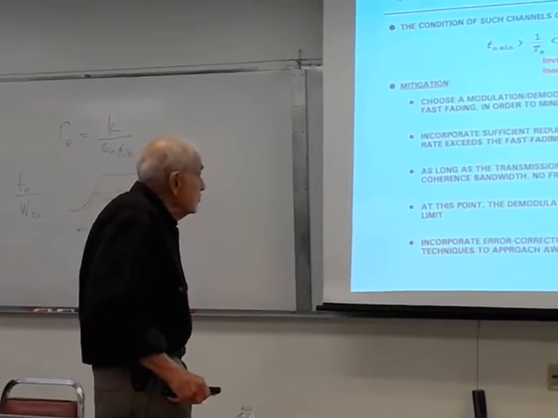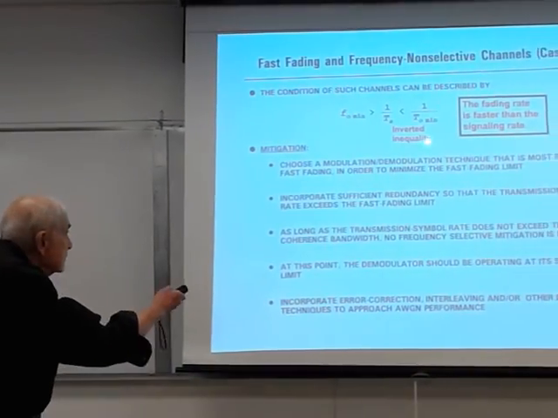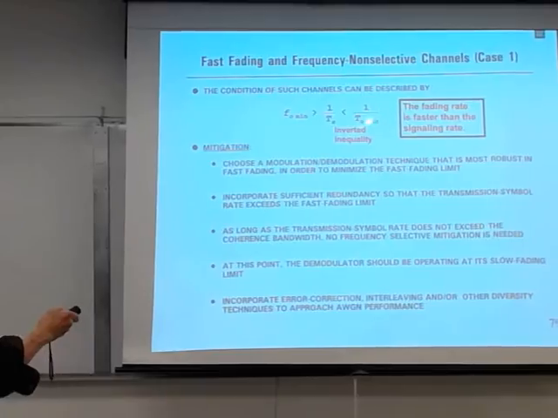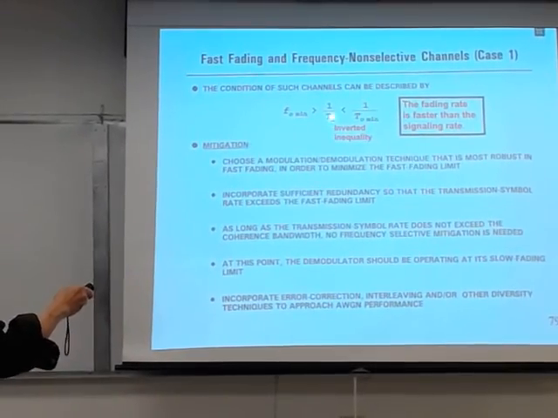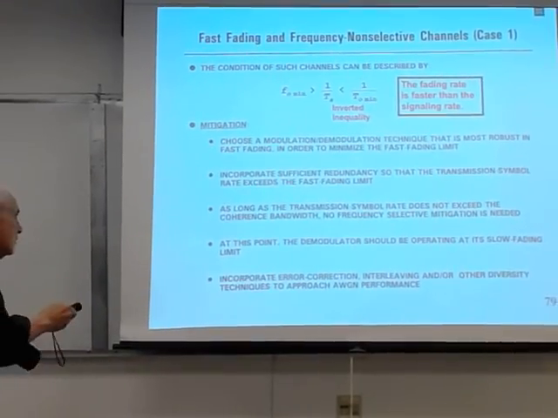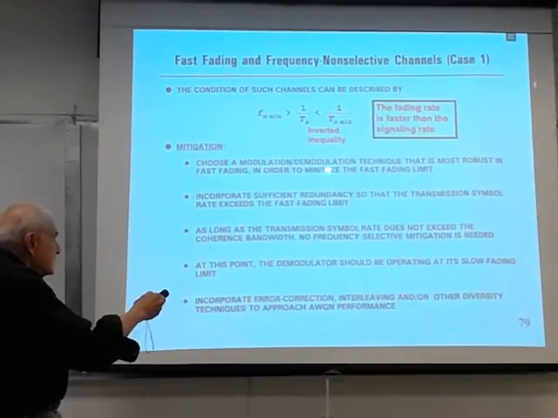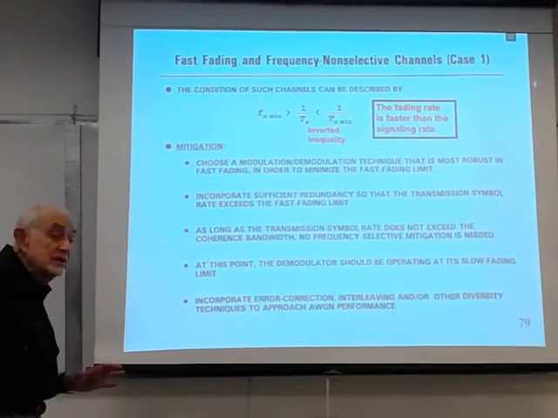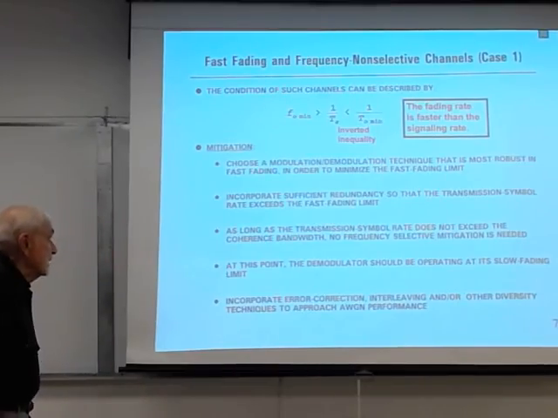So let's start with the wish list, but invert this inequality and say that the fading rate becomes faster than the signaling rate. What is the mitigation? Choose a modulation-demodulation technique that's most robust in fast fading. M-ary FSK is a good choice for that.